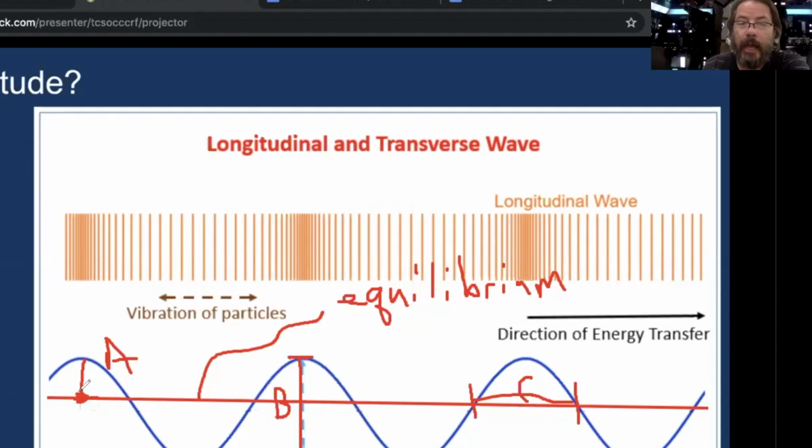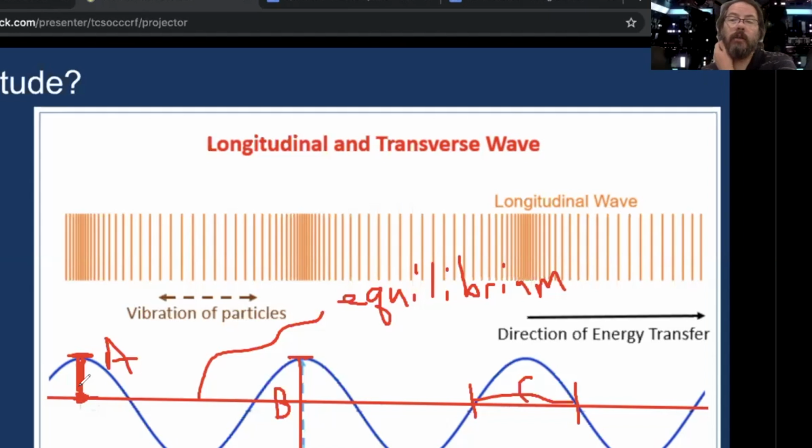And so the amplitude is how high, what's the displacement from rest? So it's from the middle to the maximum displacement from the resting point. Okay, so that's amplitude. Someone asked this question earlier about amplitude. Amplitude for sound determines how loud it is.